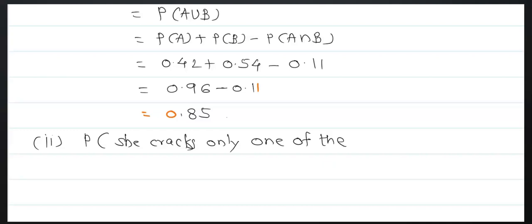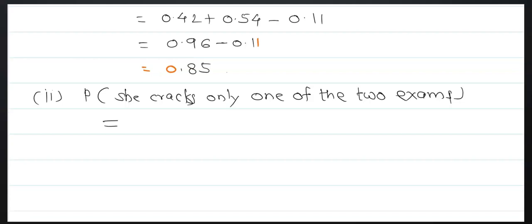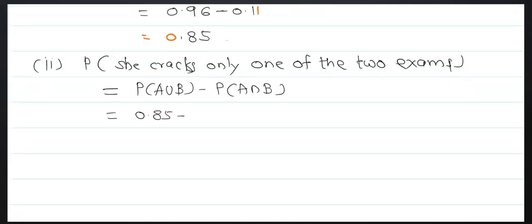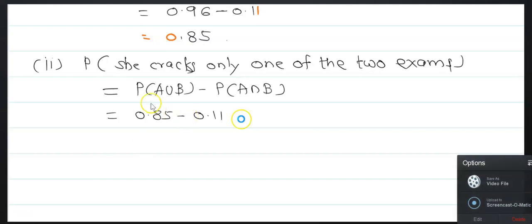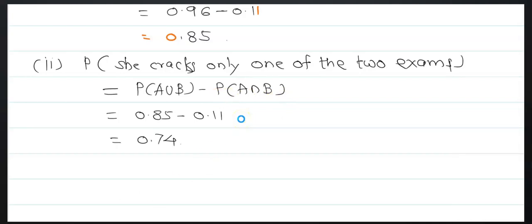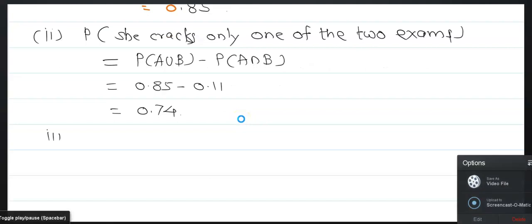Now next, she cracks only one of the two exams. Therefore, for that we will find out, by using this formula, P of A union B minus P of A intersection B. For this, you have to apply this type of formula to crack one exam.